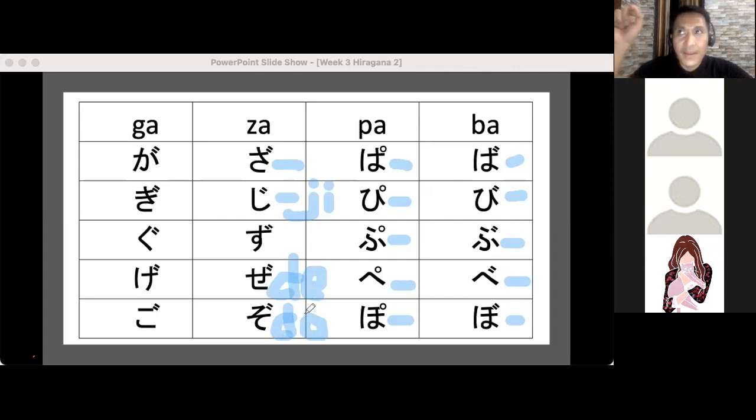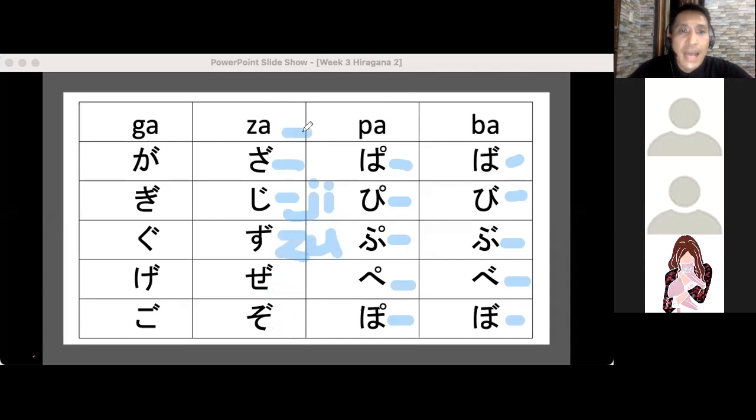Okay. Tama ba? Sorry. I think I made a mistake. Ito pala ay dapat ze. Sorry, I made a mistake. This one is zu.